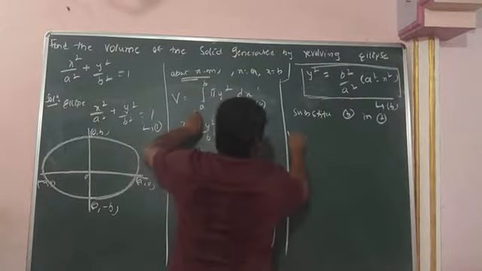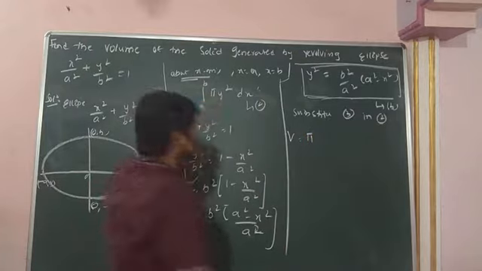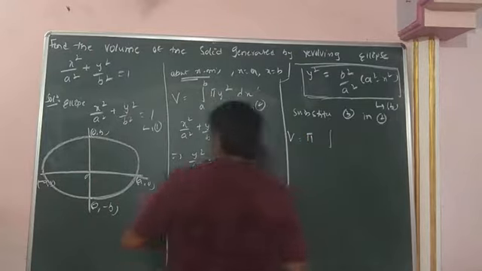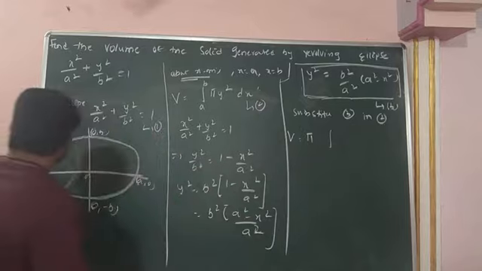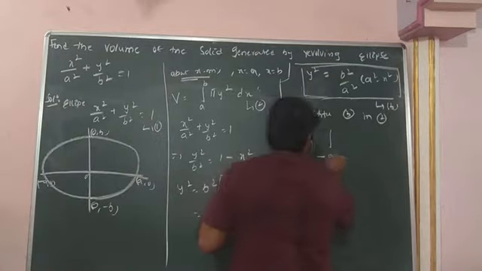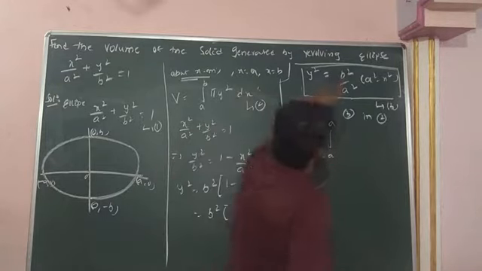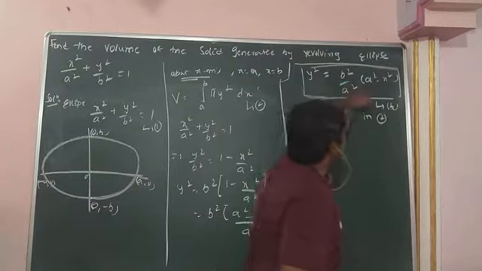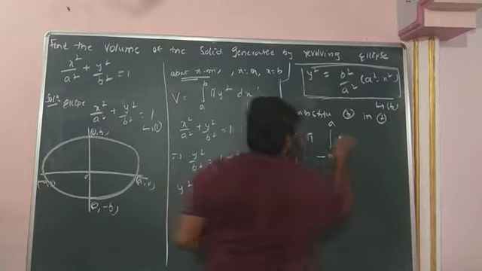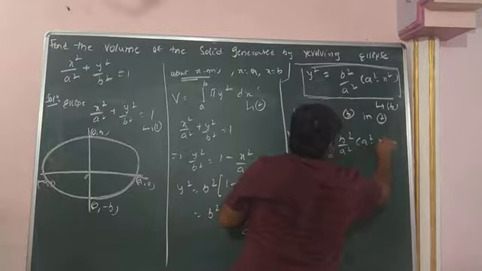We get v equal to pi, taken outside, into the integral, where the limits of x are minus a to a, and we write y square. The y square is b square by a square into a square minus x square, into dx.